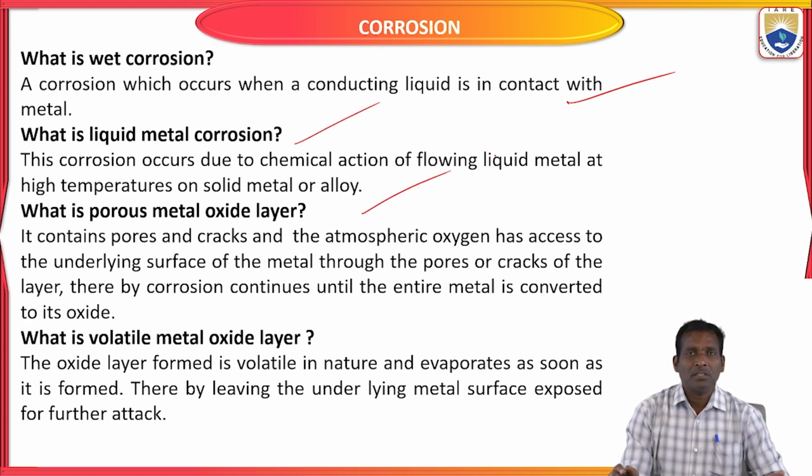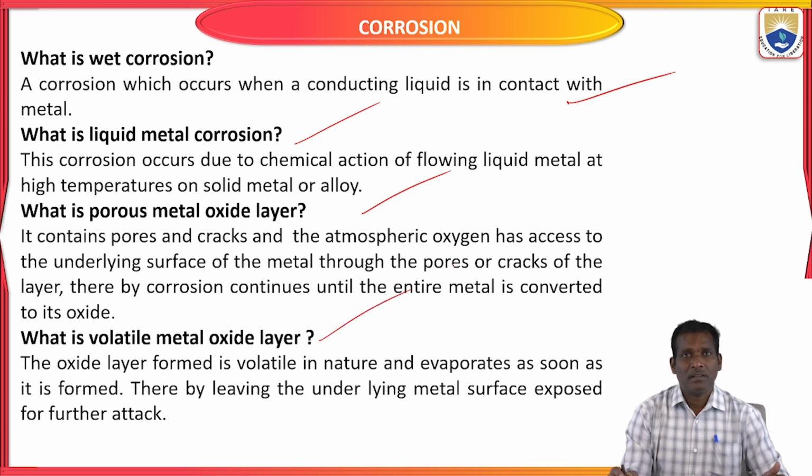What is porous metal oxide layer? It contains pores and cracks, and atmospheric oxygen has access to the underlying surface of the metal through the pores or cracks of the layer. Thereby corrosion continues until the entire metal is converted to its oxide. This phenomenon is known as the porous metal oxide layer. Next definition, what is volatile metal oxide layer?